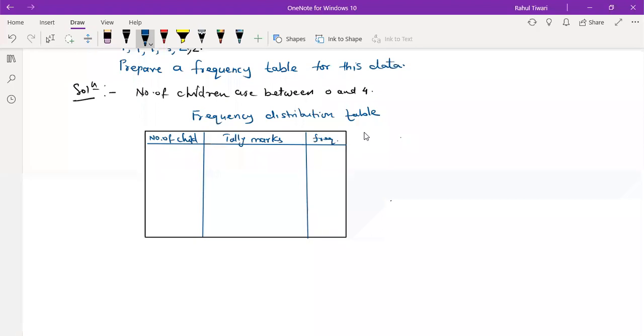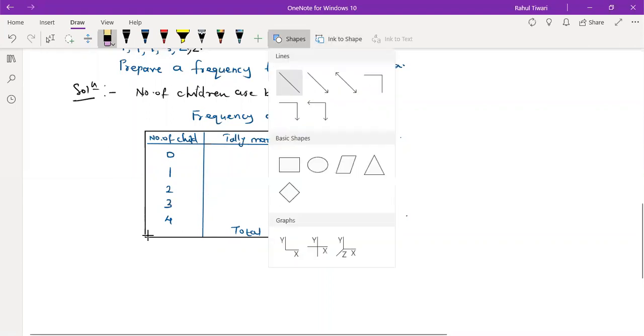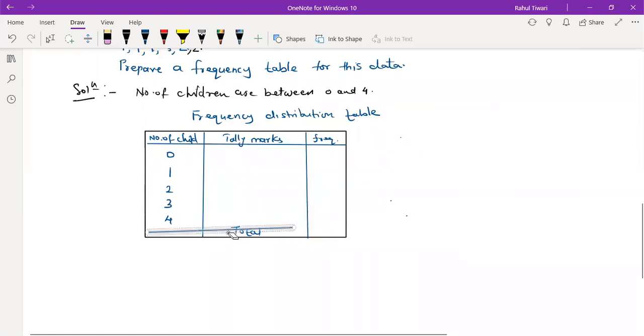So how many children do we have? 0, 1, 2, 3, 4, and finally we have somewhere a total, because we need to get the total of how many observations there are. We'll leave it. I will not draw the total column.